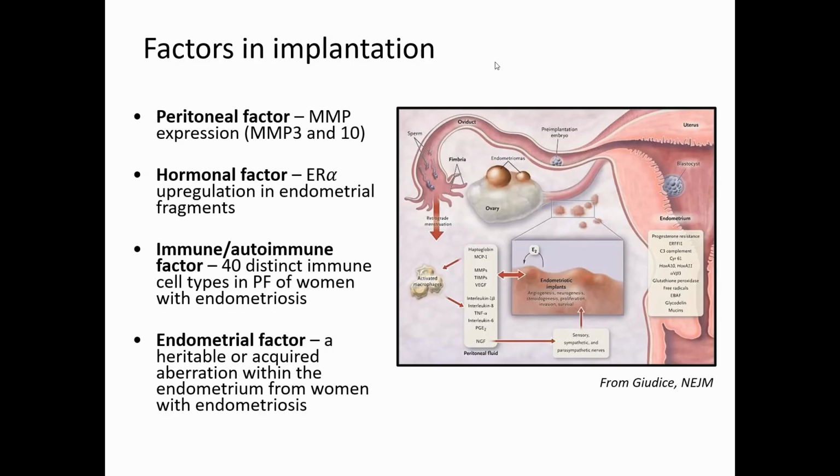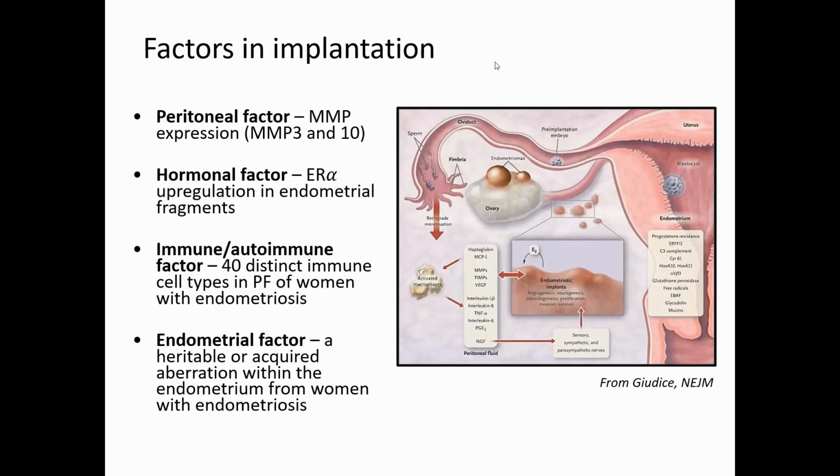Perhaps there's something unique about the mesothelium of the pelvic peritoneum that makes it particularly sensitive or receptive to endometrial fragments implanting. And this line of investigation has identified matrix metalloproteinases, specifically 3 and 10, as potentially being etiologic in lesion development.